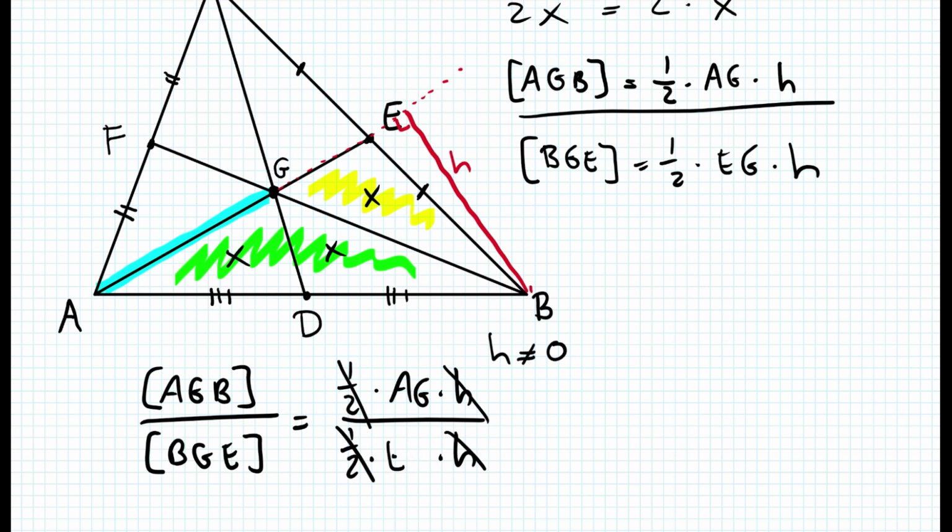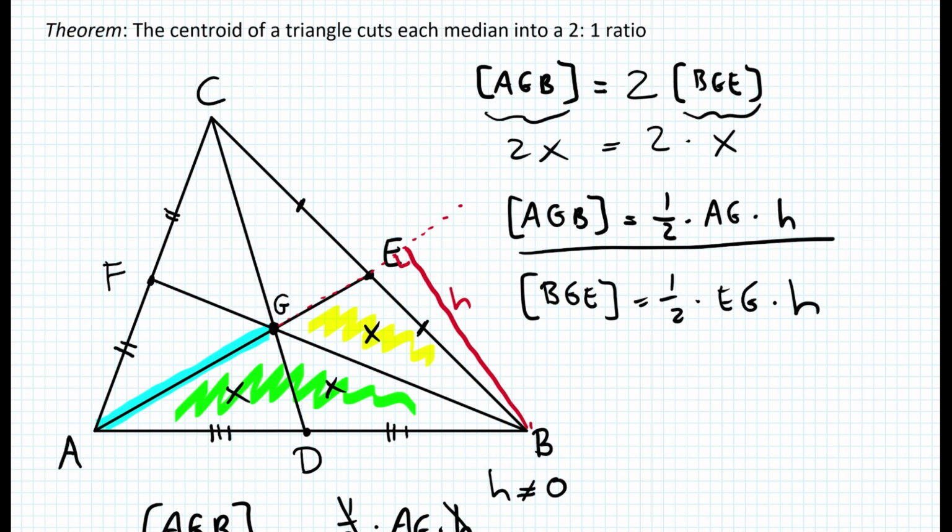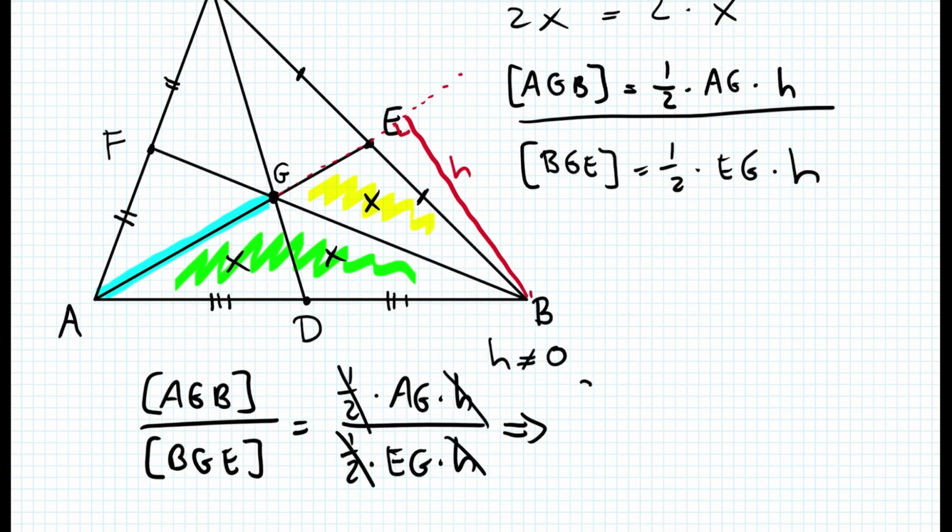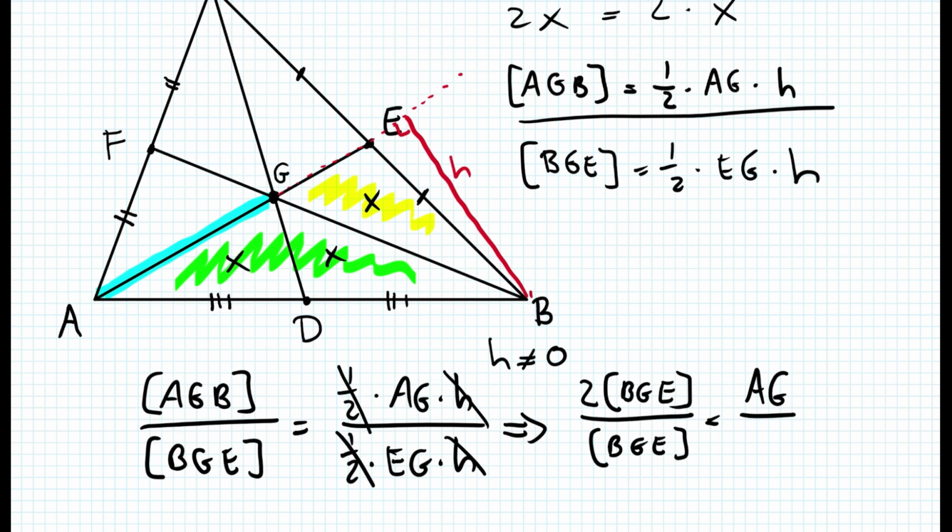Now we can substitute because we know that the area of AGB is 2 times the area of BGE. So we write 2 times the area of BGE over the area of BGE, and that is equal to the length of segment AG over the length of segment EG. Again, these areas cancel, and we're left with a 2-to-1 ratio.